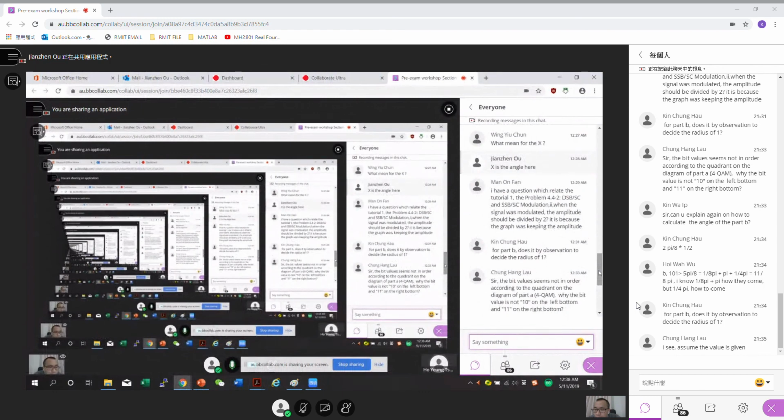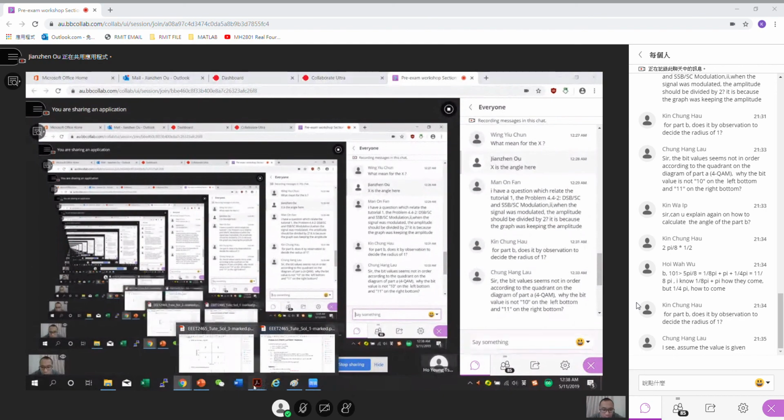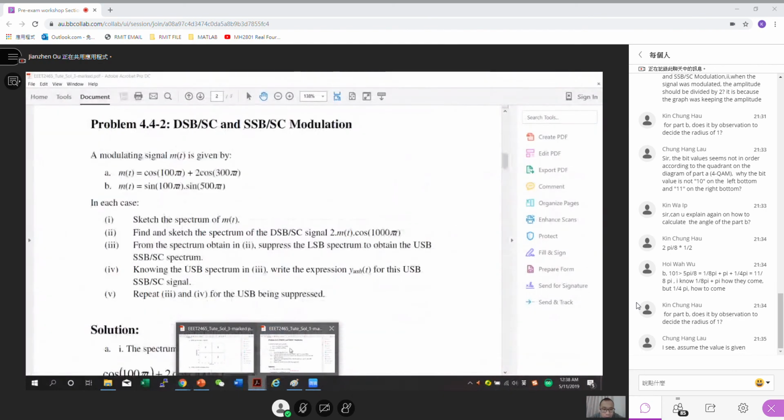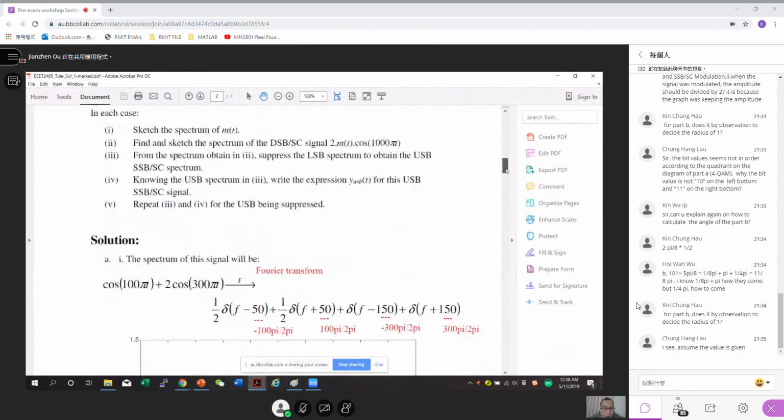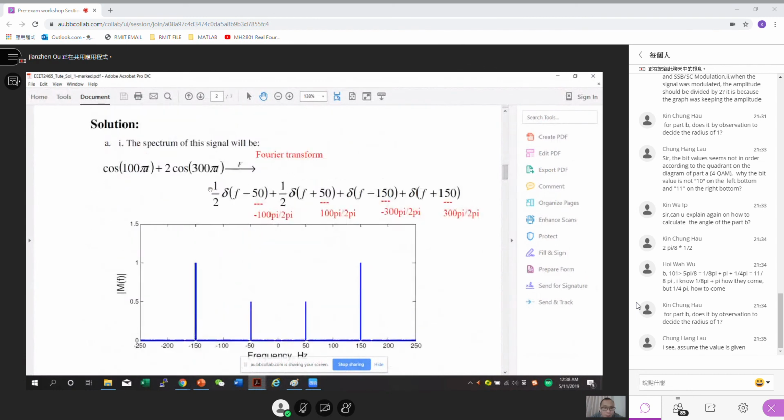The problem: for DSB-SC, when the signal is modulated, the amplitude should be divided by 2. It is because the graph was keeping the amplitudes. Okay, I'm pretty sure that you mean the amplitude is divided by 2, right? This is the Fourier transform. This is the rule of the Fourier transform.